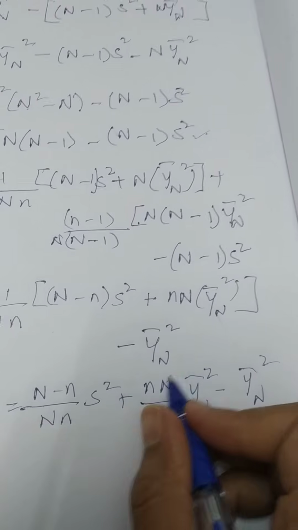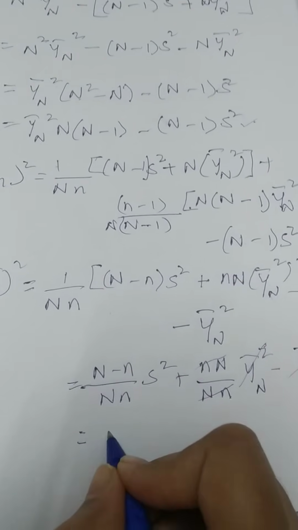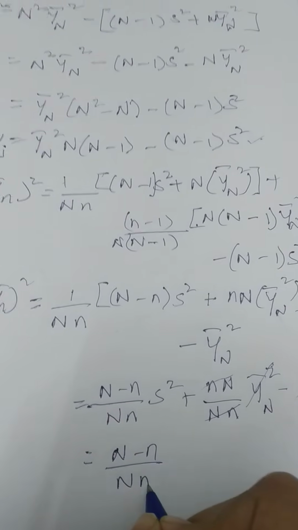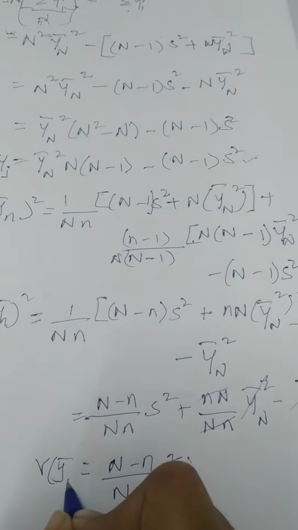This and this will get cancelled, plus and minus will get cancelled. You will be left with (capital N minus small n) by capital N small n into s square, which is nothing but variance of y bar of n. Right? This is what we had to prove.